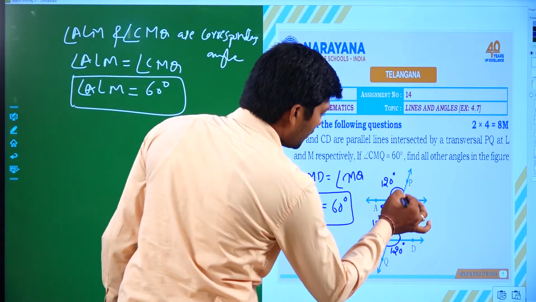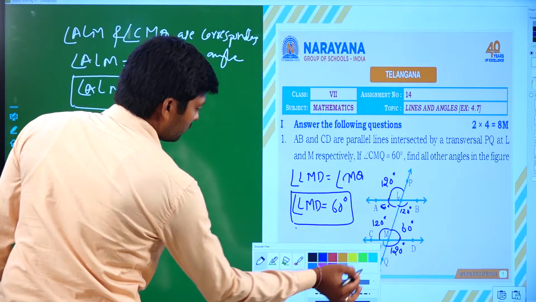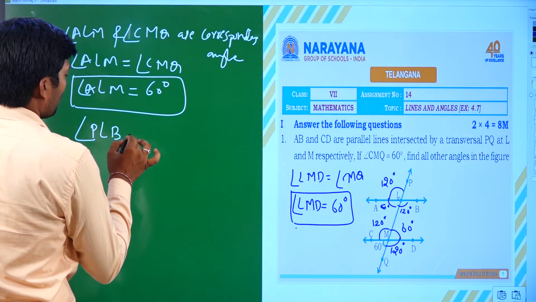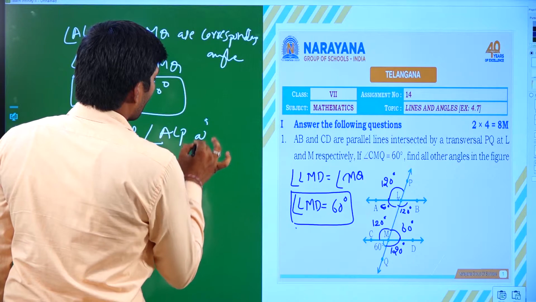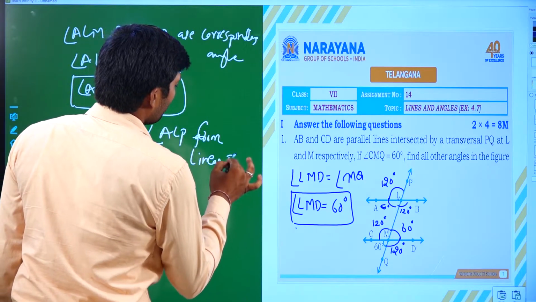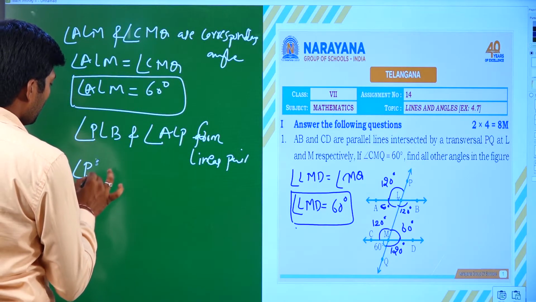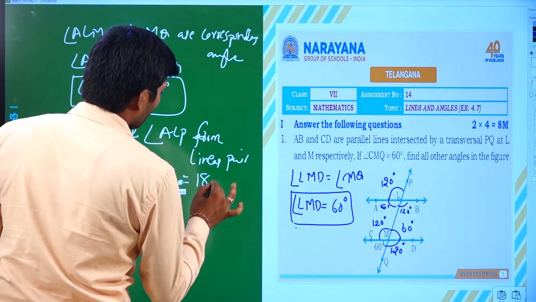Now what about angle PLB? Angle PLB and angle ALP form a linear pair. Linear pair means the sum of these two angles must be 180 degrees. That is, angle PLB plus angle ALP is equal to 180 degrees.